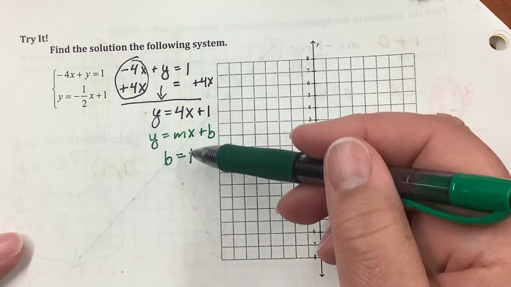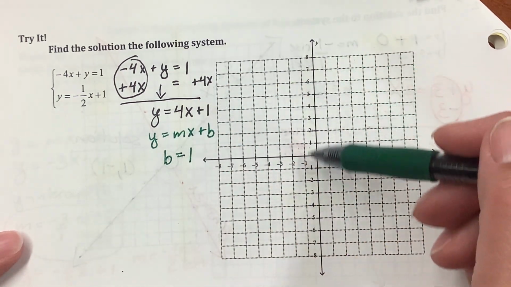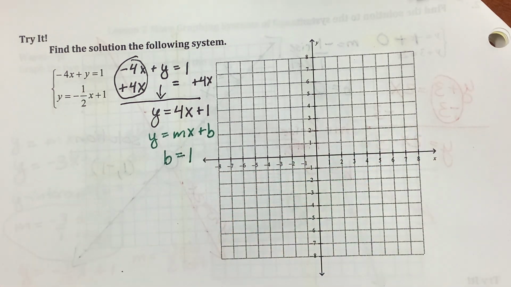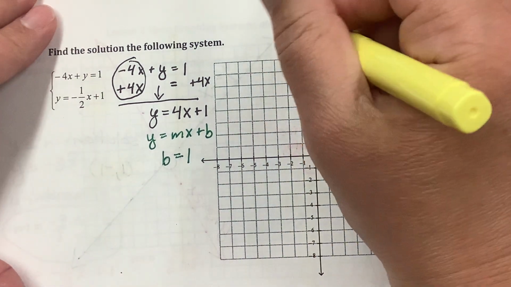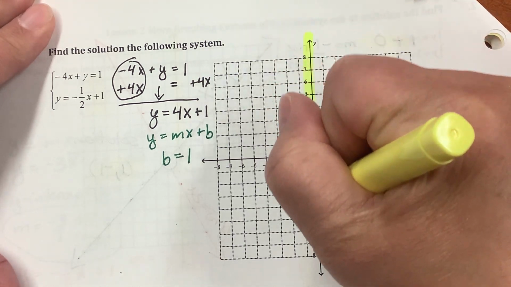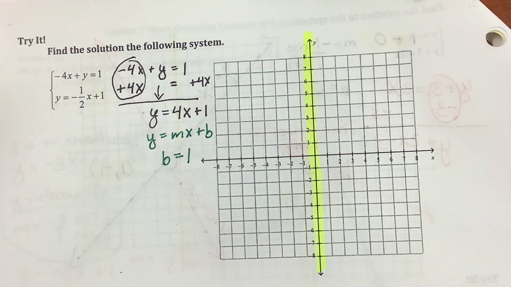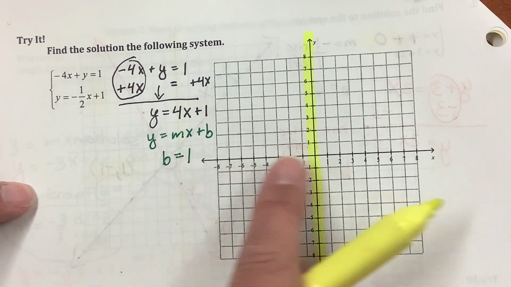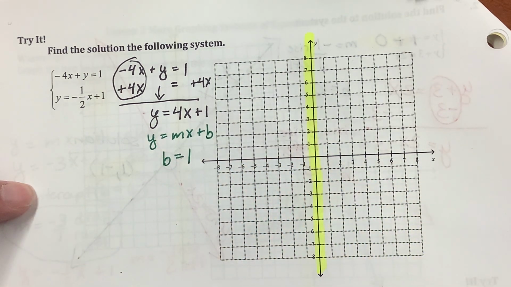It means that this line is going to intercept the y-axis at 1. I like to highlight in yellow my y-intercept. Why yellow? Because yellow begins with y, and it's a y-intercept. So I'm going to put this b of 1 right there.